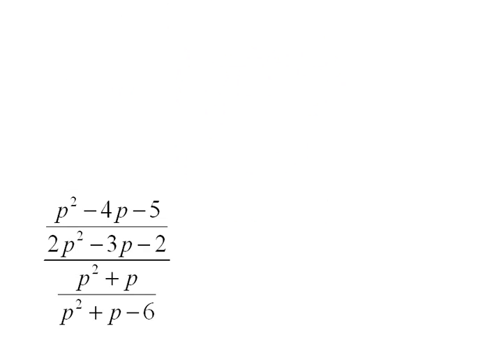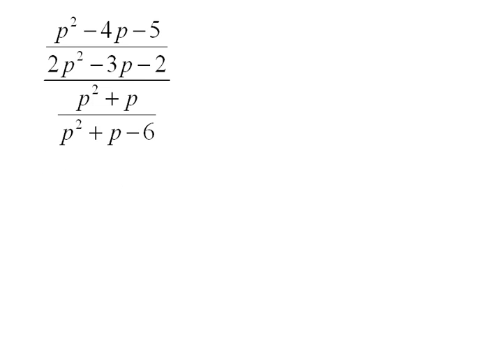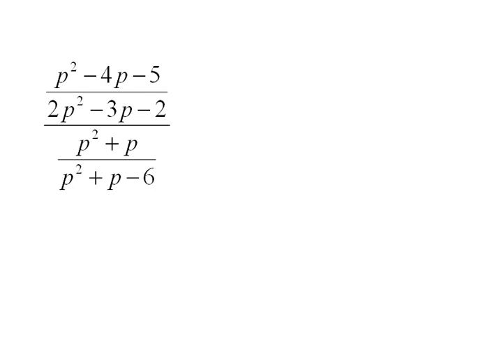Okay, let's work one that is a little bit larger, a little more involved, and we'll see how that works out for us. Okay, so here again we have a fraction basically over a fraction, or rational expression over a rational expression. So I'm going to rewrite this out as p squared minus 4p minus 5 over 2p squared minus 3p minus 2.